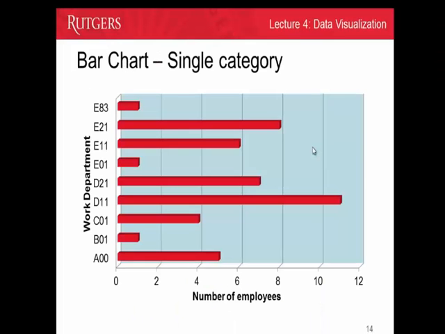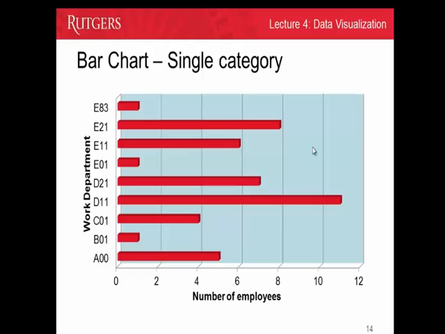next we're going to talk about the bar chart. Actually, the bar chart is exactly the column chart, but the bars are horizontal rather than vertical. Still, they are constructed to show the frequency or relative frequency for each category.